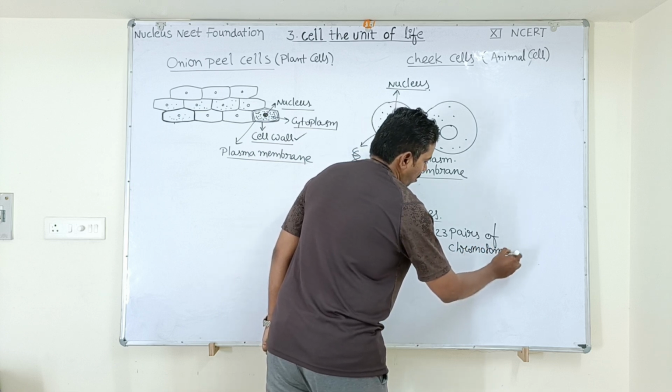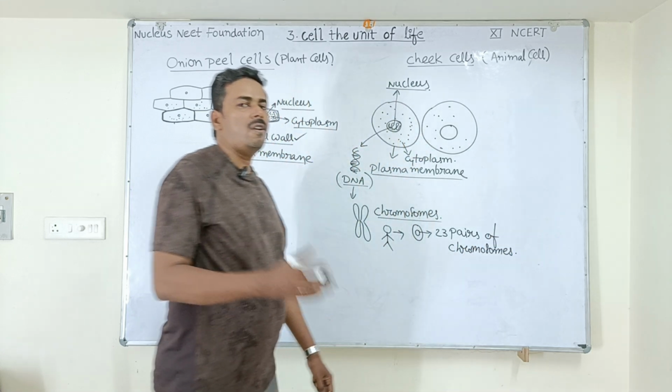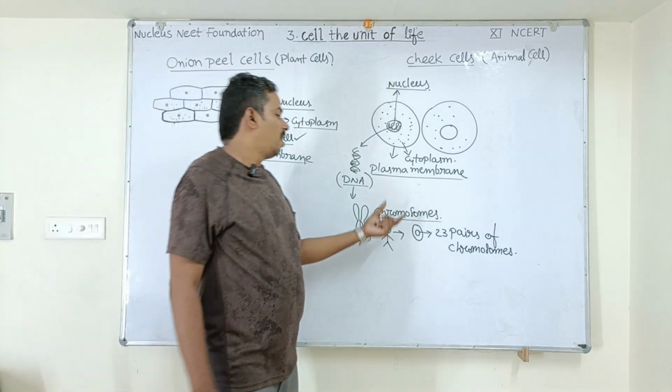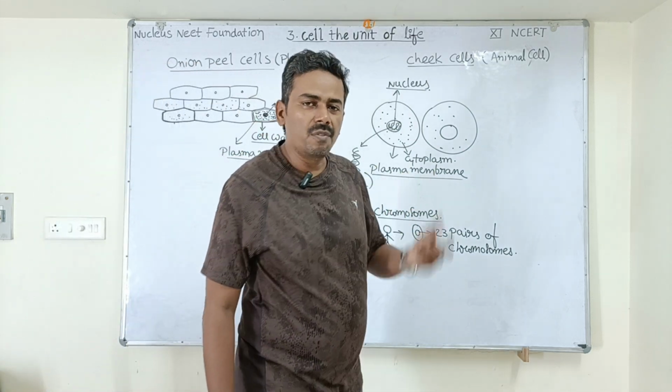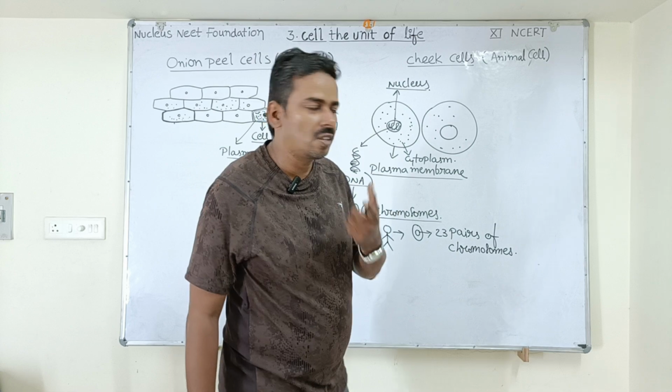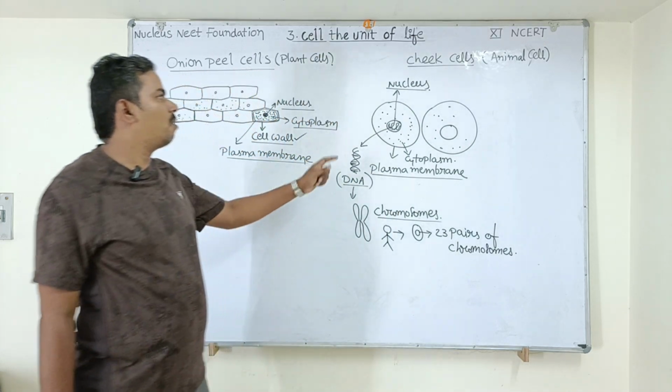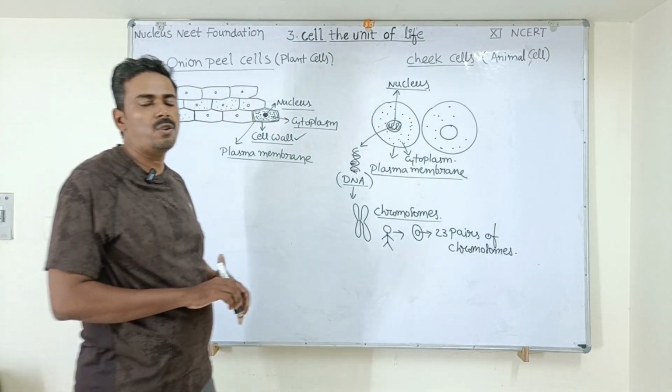Very important general knowledge question from biology, students. In a human being, every cell will have 23 pairs of chromosomes, that is equal to 46 chromosomes. So this is about the cheek cell in human beings.